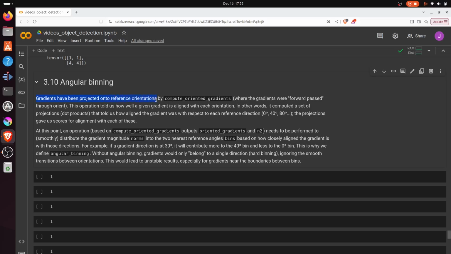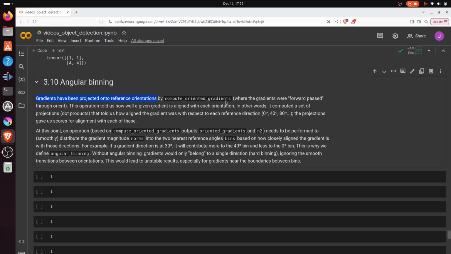Remember that initially we set the number of orientations to be equal to 9. So compute oriented gradients essentially projected the gradient with respect to these specific orientations based on these angles.